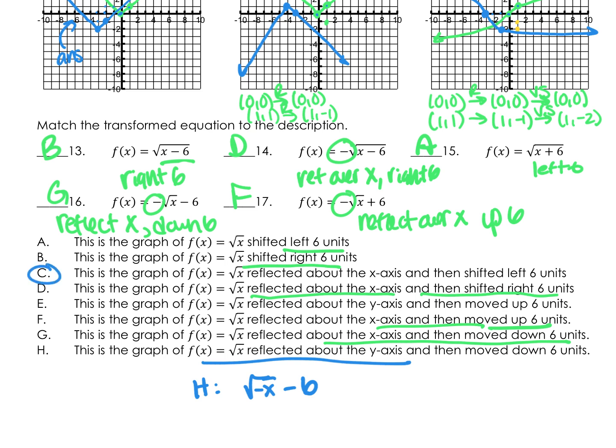C would be like reflect about the x-axis, so that'll be a negative in front, and then shifted left 6, so that'd be a +6 inside. And then E, I don't think we did that one either. That would be reflected across the y-axis, so that would be a negative on the inside, and then moved up 6 like that.